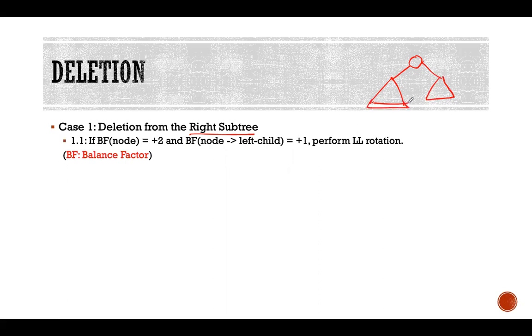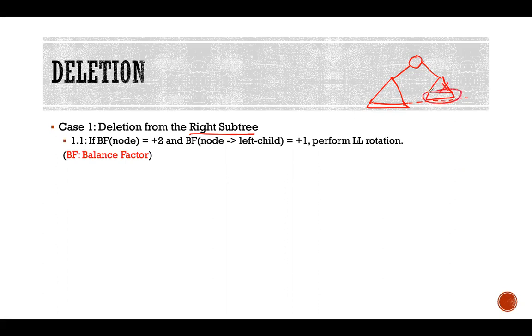I'm saying almost balanced because the absolute difference could be 1, that is +1 or -1. So if I delete something from the right subtree, which side is going to get heavier? The left side, right?